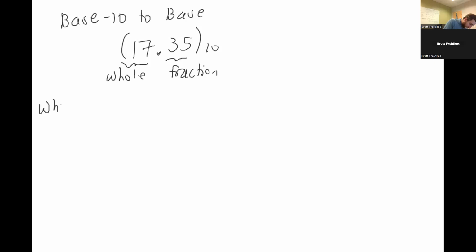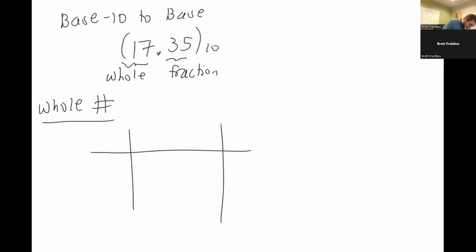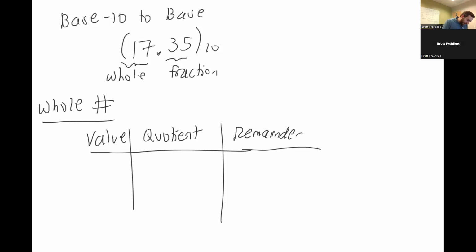So for the whole number, we have our value, our quotient, our remainder. Our initial value is 17. This algorithm says to divide it by 2 and look to see how many perfect groups of 2 we can make without going over. Well, the nearest even number is 16.